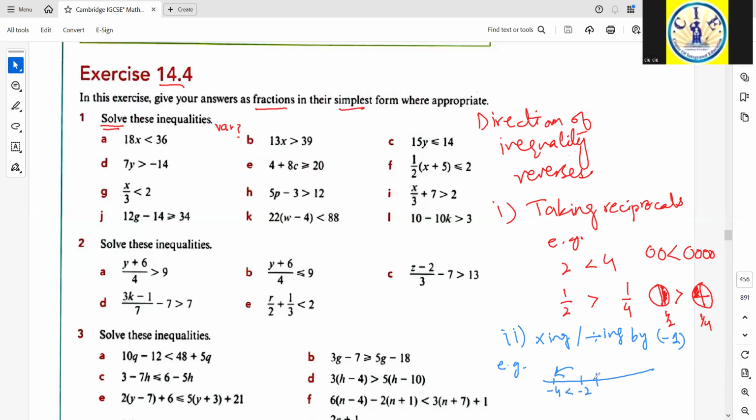Now when you multiply both of these numbers by a negative number, -1, -4 becomes 4 and -2 becomes 2. So now 2 is lesser than 4, or 4 is greater than 2.